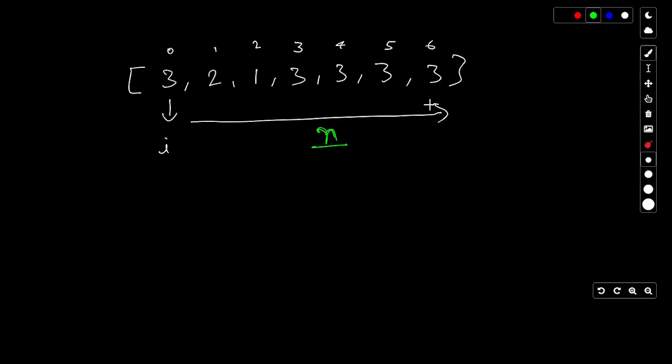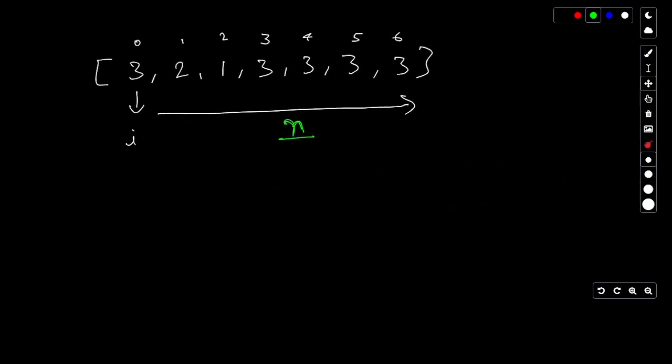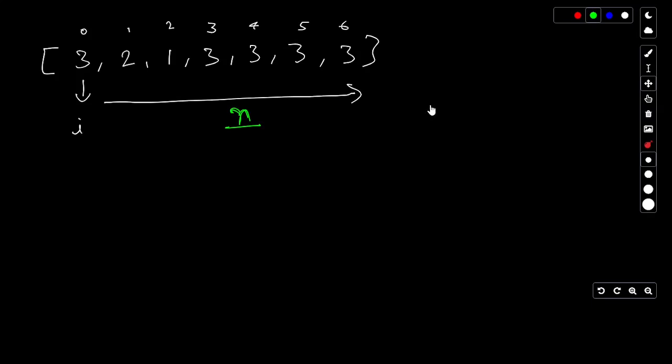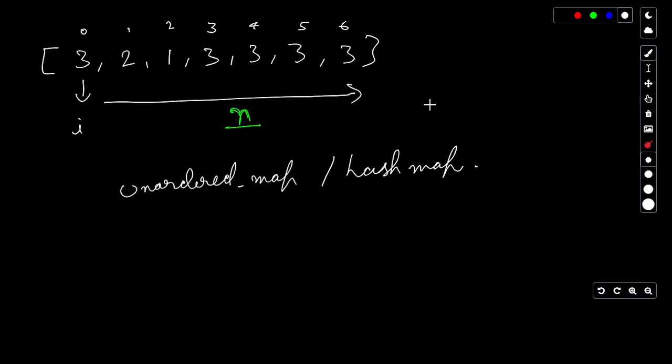The second approach that I can think of, which is better in terms of time complexity, is to use an unordered map, or what you call a hash map, to find the count of each and every element.